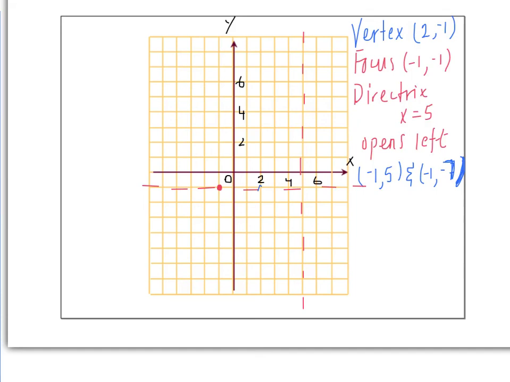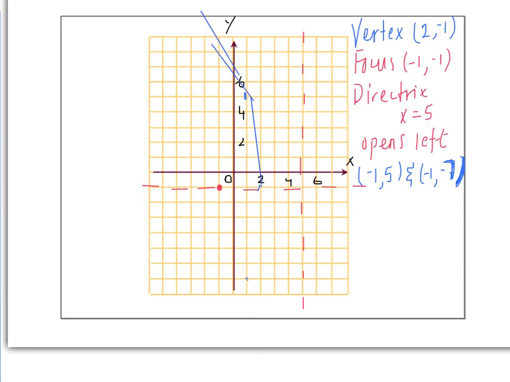We will plot those other 2 points of (-1, 5) and (-1, -7). So it's 1, 2, 3, 4, 5, 6, 7. That's here. So this parabola is looking pretty wide. And we'll just graph it as best as we can. Not looking for you to be artists, just to be accurate in terms of where your points and lines are.